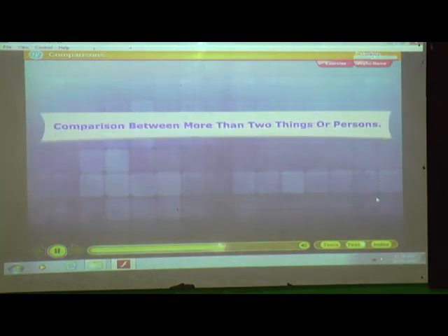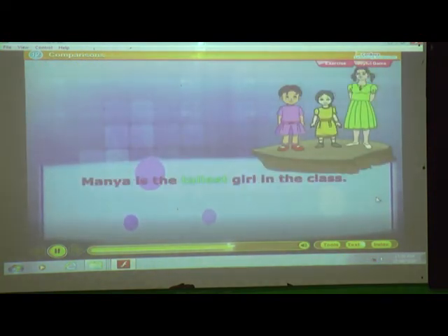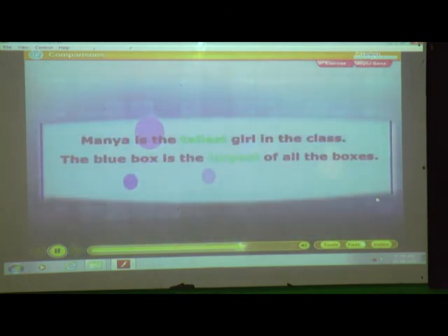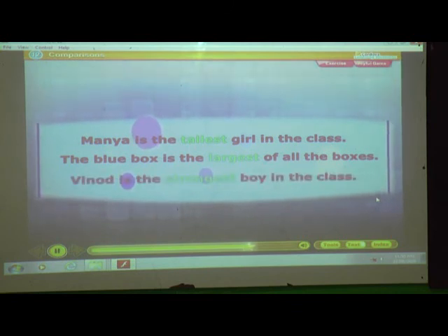Comparison between more than two things or persons. Read these sentences. 1. Maria is the tallest girl in the class. 2. The blue box is the largest of all the boxes. 3. Vinod is the strongest boy in the class.